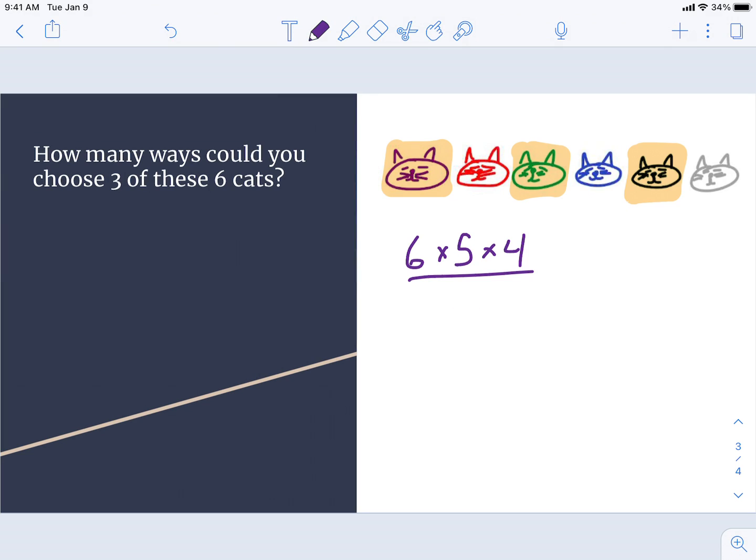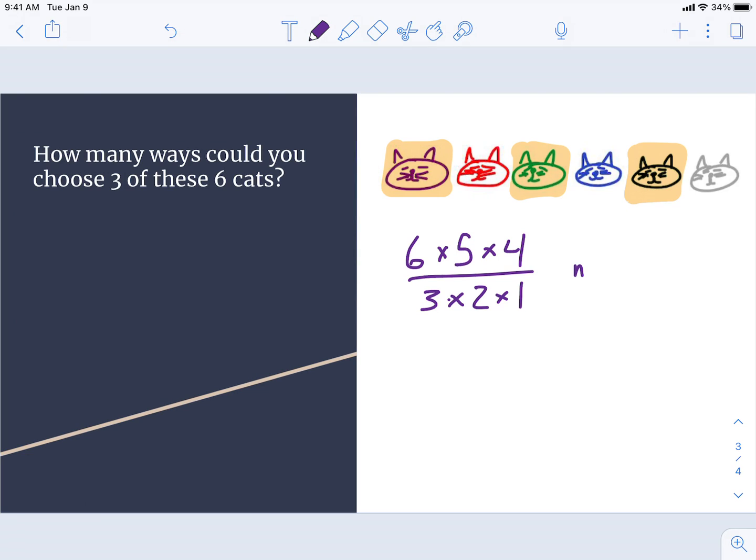Well, I've got 3 choices for the first cat, and then I've got 2 choices for the second cat, and then 1 choice left for the last cat. And so we end up getting the 6 different ways that we could have chose the cats by doing 3 times 2 times 1.